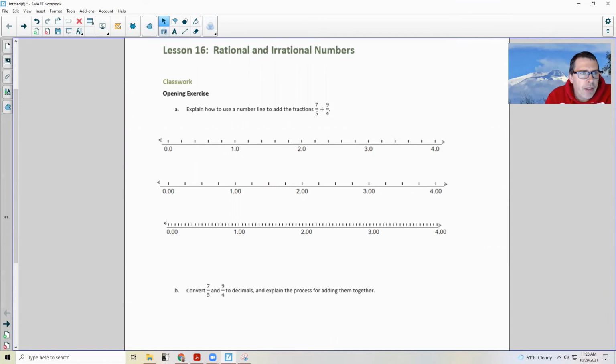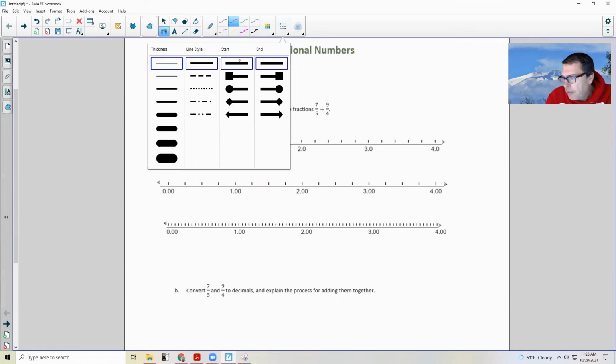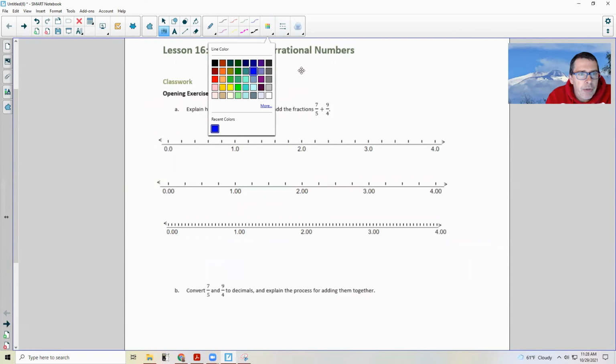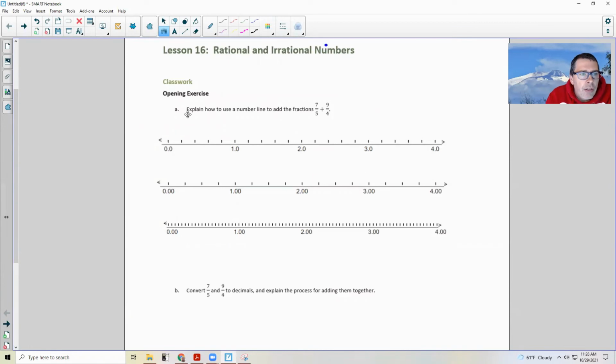So I have a number line, and let's just start with a segment like so, a little bit thicker. How about blue? Okay. So it says explain how to use a number line to add the fraction 7/5 plus 9/4. Okay, so if we were to do this, 7/5, I broke up the integers into 5.